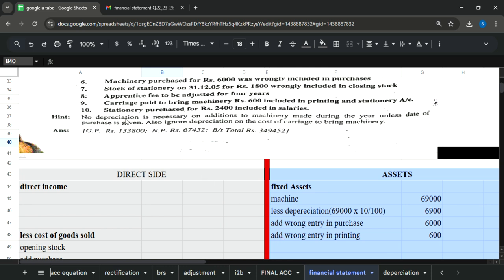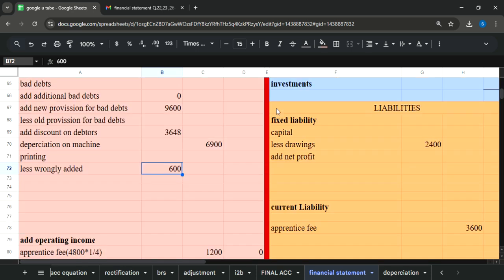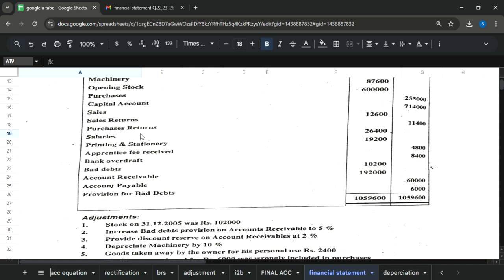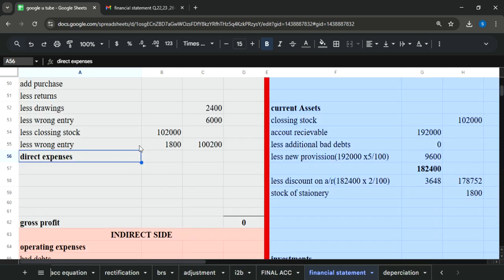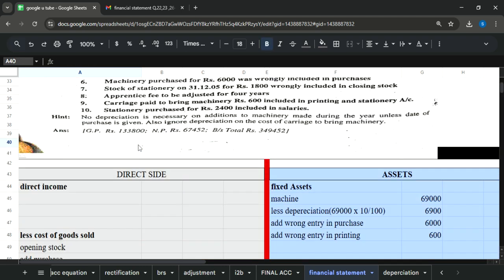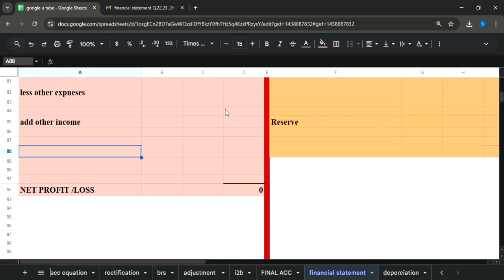Now, 10th adjustment, stationery purchase included in salaries. Here you will come to operating expenses. Printing and stationery was collective amount, I think. Yes. So we'll come to printing and stationery again. Now let's read it again. Stationery purchase, it was actually amount of stationery.